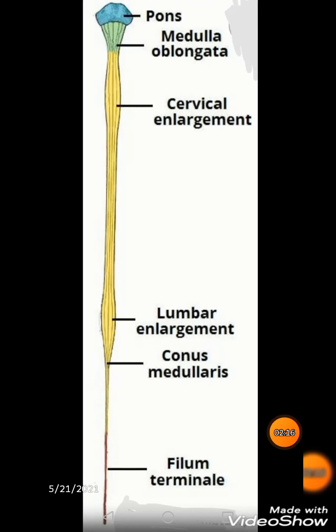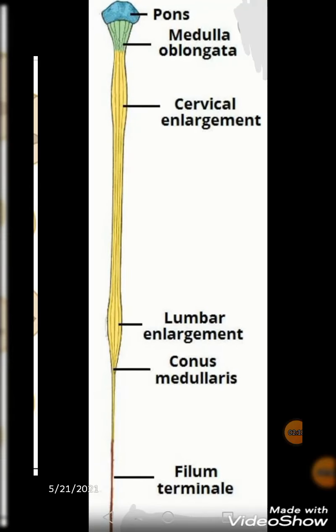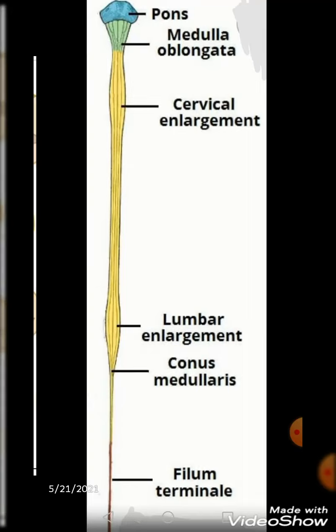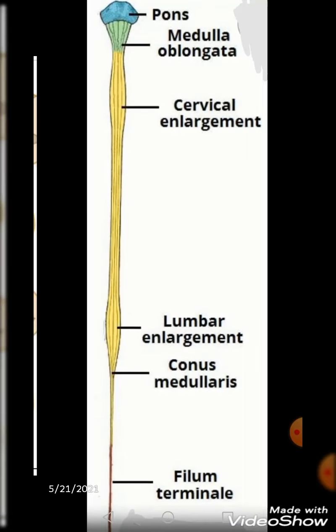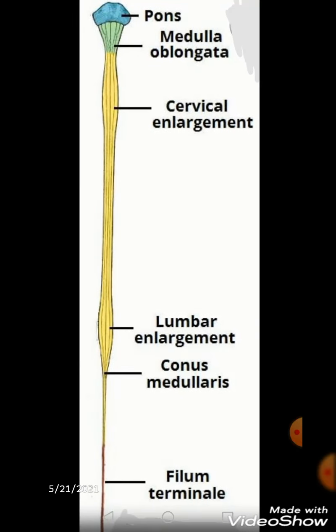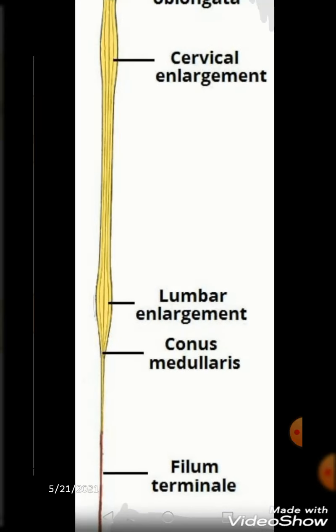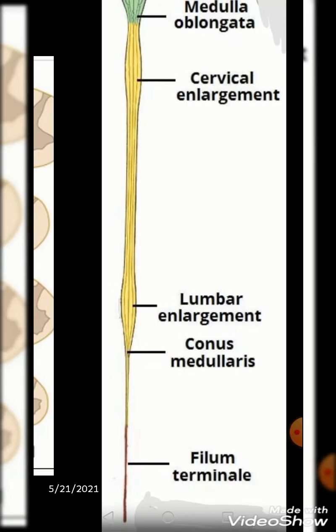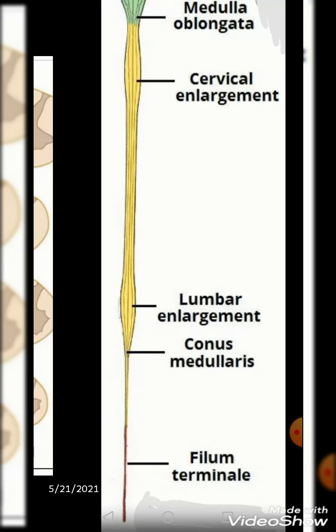Now again in this picture you can visualize the spinal cord that starts from the lower end of the medulla oblongata, then it shows the cervical enlargement, right? Then you can observe the lumbar enlargement and can see the lower end of the spinal cord called the conus medullaris.